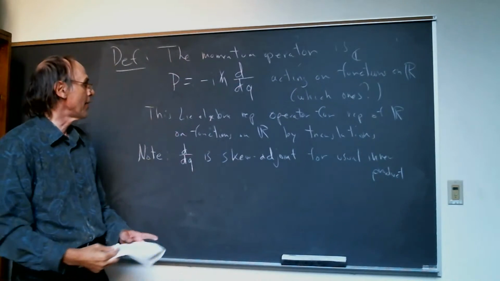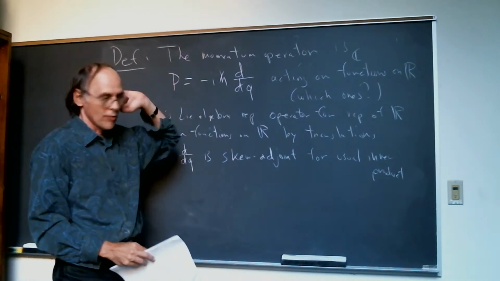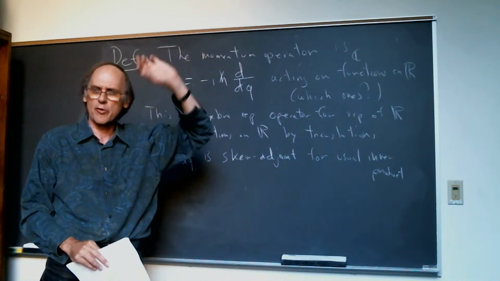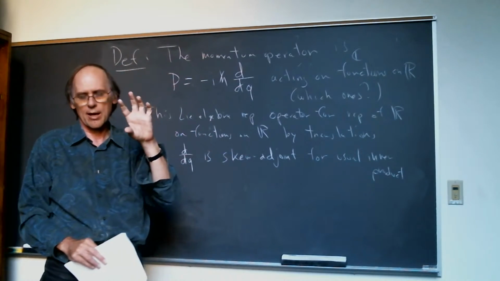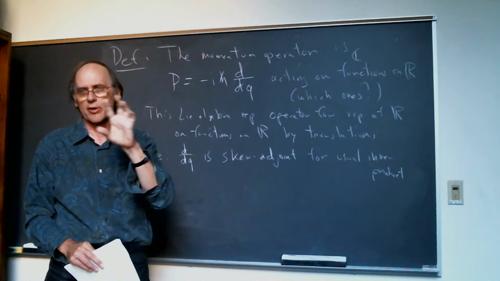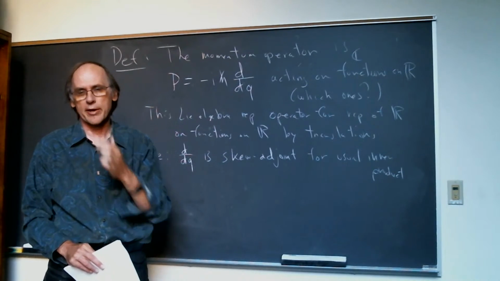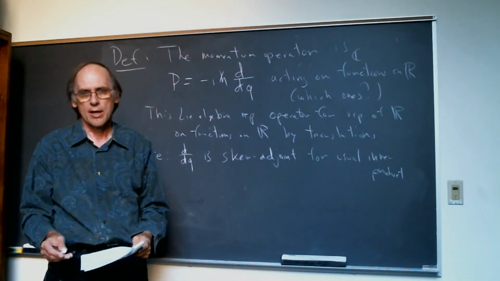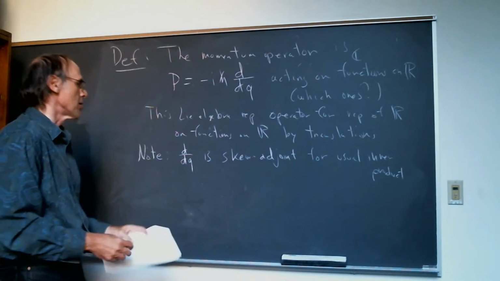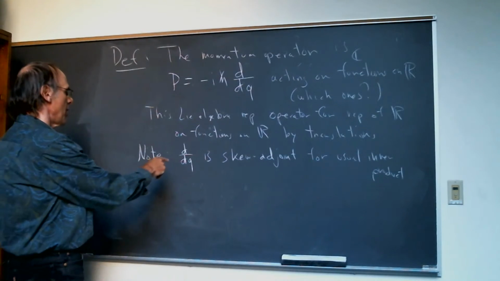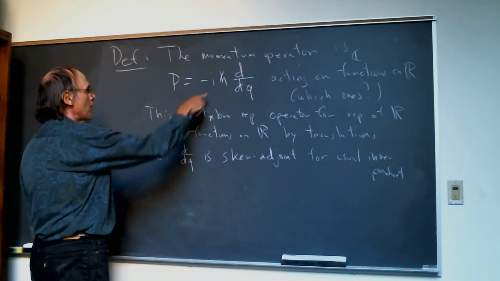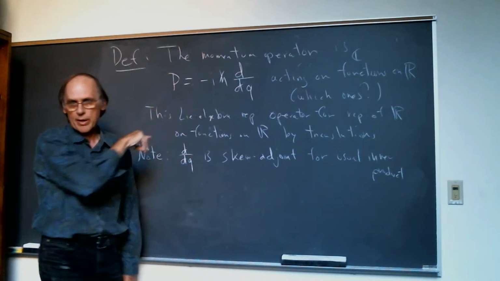If I was following my philosophy that mathematically it's best to think about the skew adjoint operators, those are the ones that really give you the Lie algebra representation, then I would just use this guy. I wouldn't multiply by this minus i.